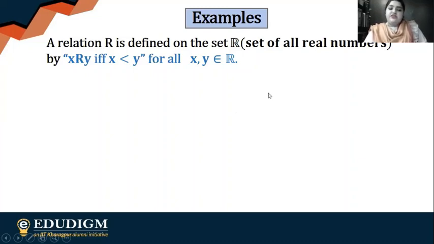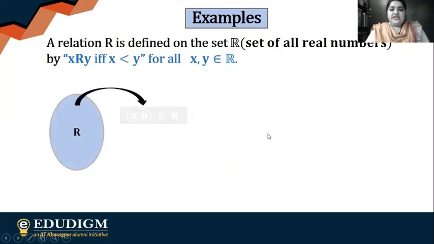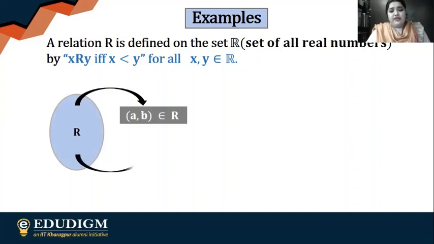Here we have taken a relation R on the set of all real numbers, given by x is related to y via R, provided x is less than y. And here by less, we mean strictly less. Now what we are going to do here is very simple. You take any ordered pair of the form (a, b) and another ordered pair of the form (b, c). Now you have to show that (a, c) will belong to R.